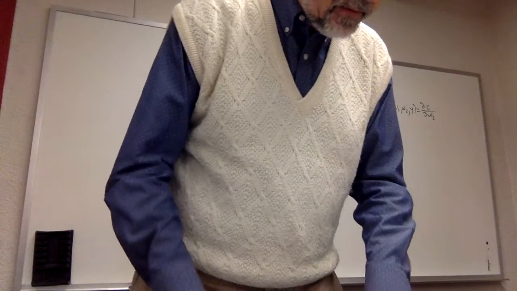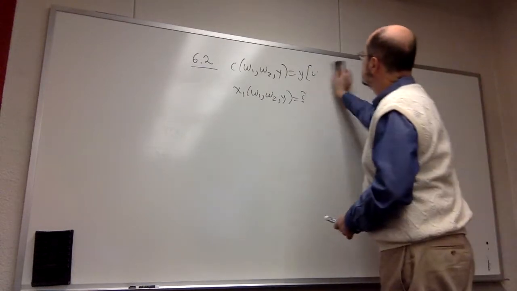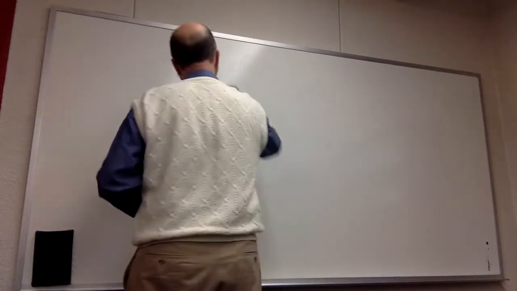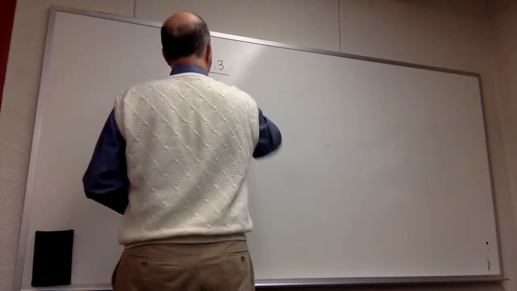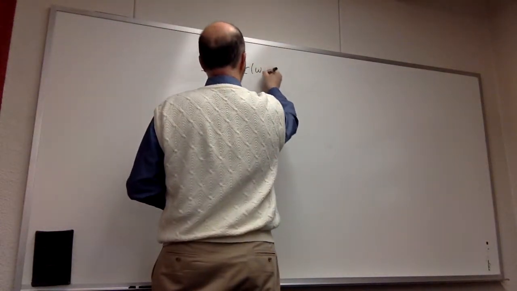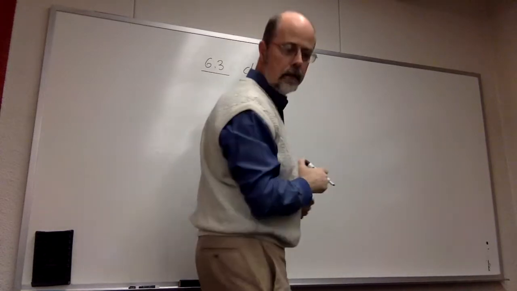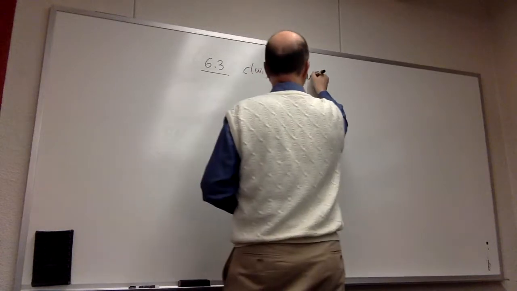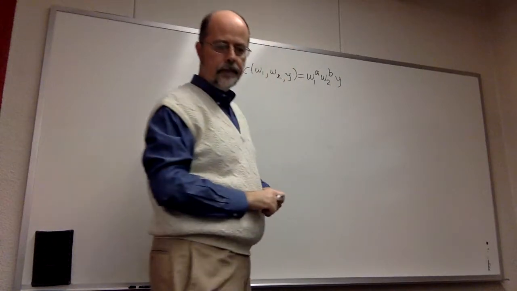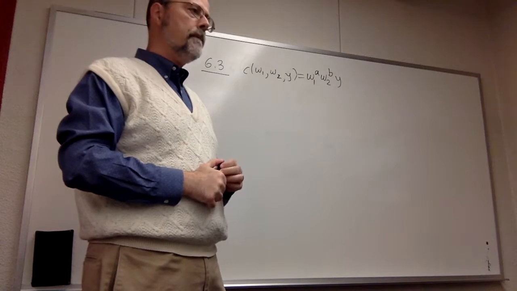Okay, and 6.3, that's even shorter. They tell us the cost function is W1 to the A, W2 to the B times Y. What do we know about A and B is the question.